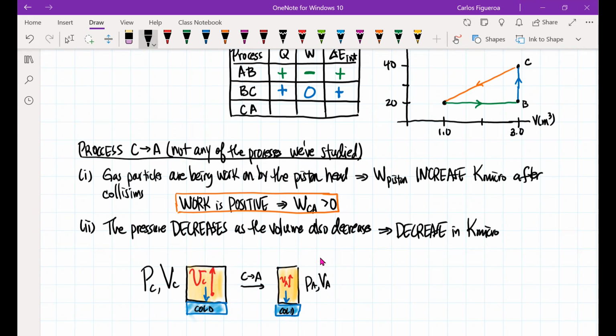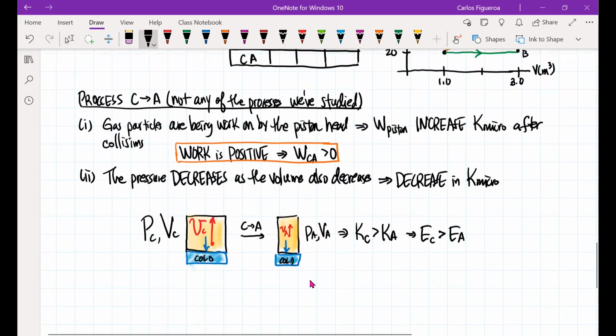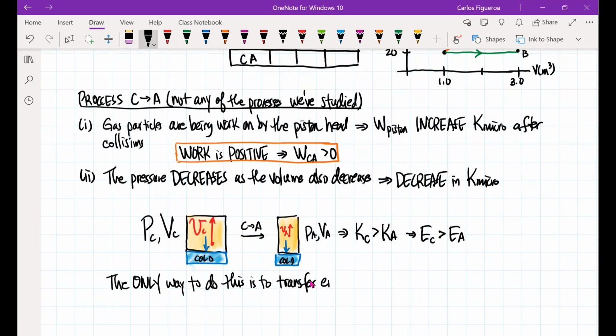the only way this could happen is that the kinetic energy at C must be greater than the kinetic energy at A, which then tells me that the internal energy at C is greater than the energy at A. So as our picture says, the only way to do this is to transfer energy out of the gas.